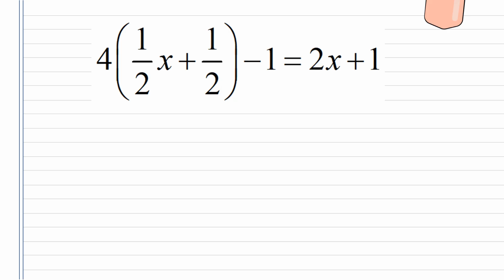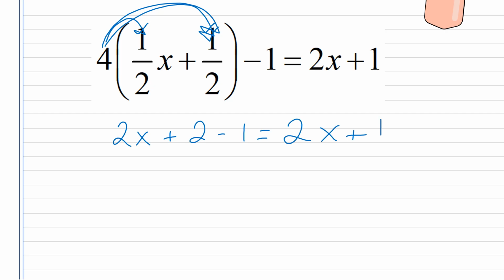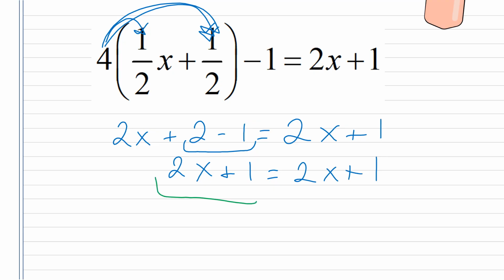Okay, let's do this. Let's multiply in that 4. When I do that, I'm doing 4 times 1/2, which is 4 over 2, which is just 2. So I am going to just write 2x here. When I do the same thing here, I'll be left with 2. Now I will have 2x, take care of this, plus 1 is equal to 2x plus 1. Right here I can see this is the same thing as this. Both sides are the same. So I have all real numbers.